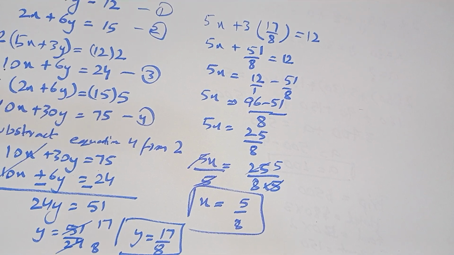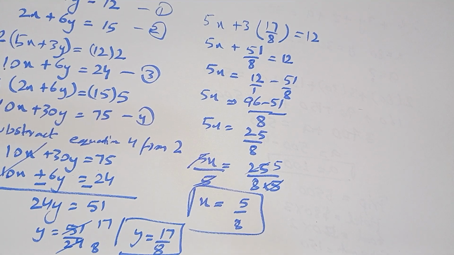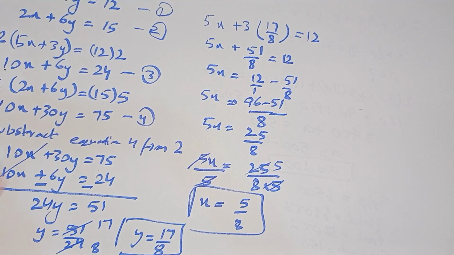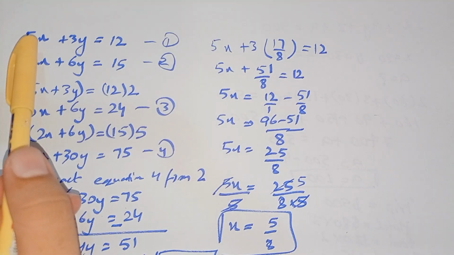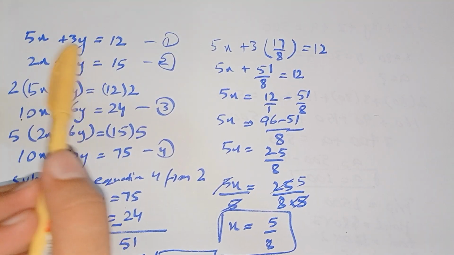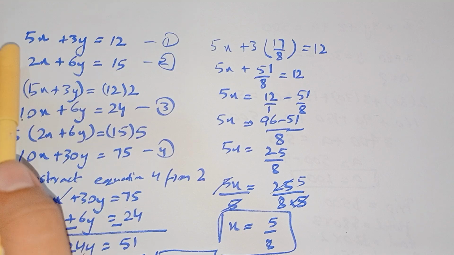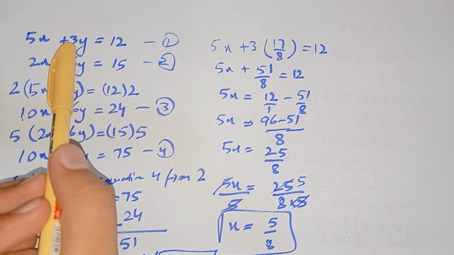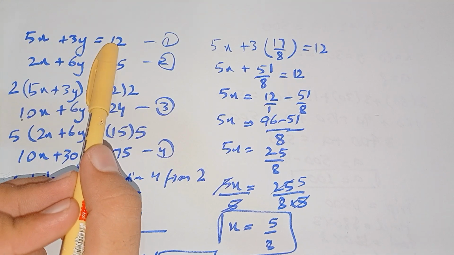So where is this equation applicable? Suppose you have to find the price of fruits. We have two fruits. X is our apples and Y is our bananas, and there are 5 apples and 3 bananas, and the total cost is 12.